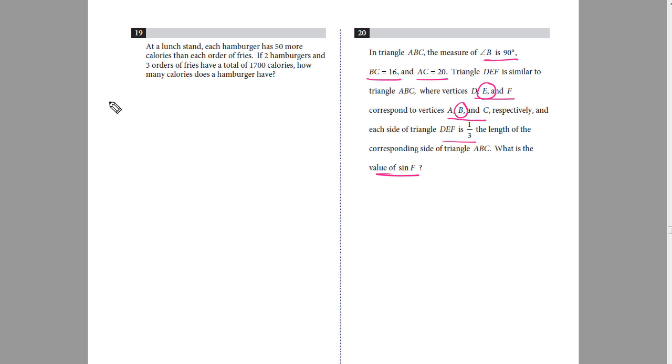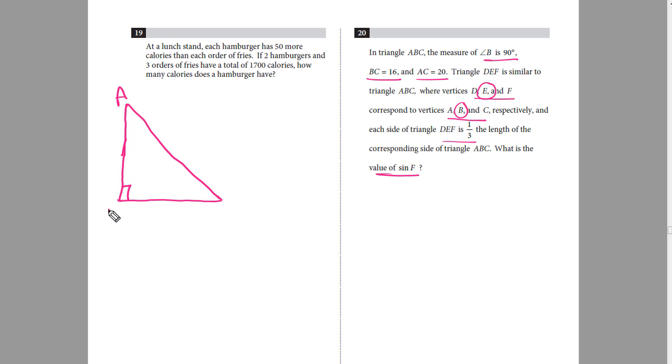Alright, so first of all I'll draw triangle ABC. Because ABC is a large triangle, I have to draw a larger triangle over here. Let me try to make an exact 90 degrees. Alright, so this is the 90 degree angle.